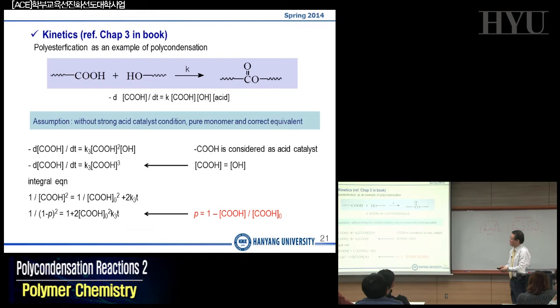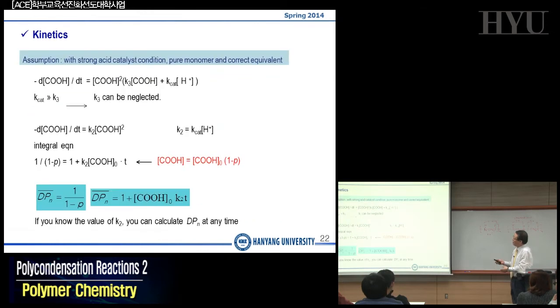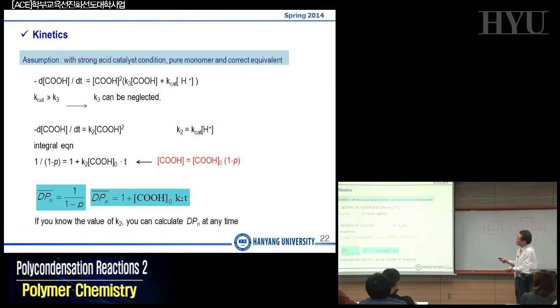Now, this means that if we have a strong acid concentration, then it can come up with the simple equation right in here, because we neglect the acid concentration, and come up with 1 over 1 minus P is equal to 1 plus K2 times the initial concentration times t. Okay?